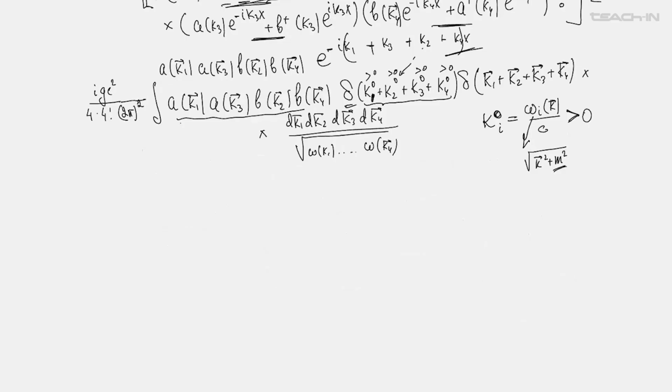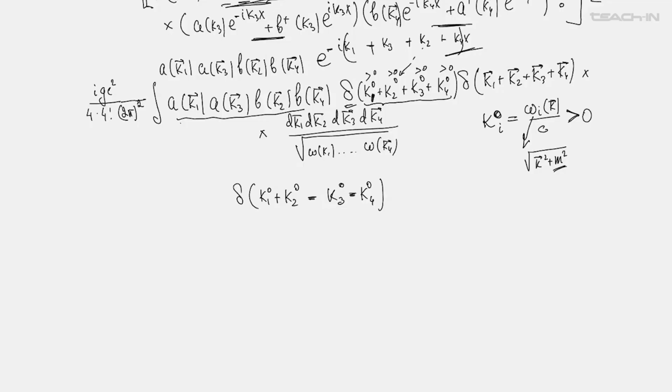These are the terms where you have delta functions of this sort: 2 particles with positive energy get in, and the conservation law tells you that 2 particles get out, written like k10 plus k20, the energy of the incoming particles, equal to the energy of the outgoing particles.